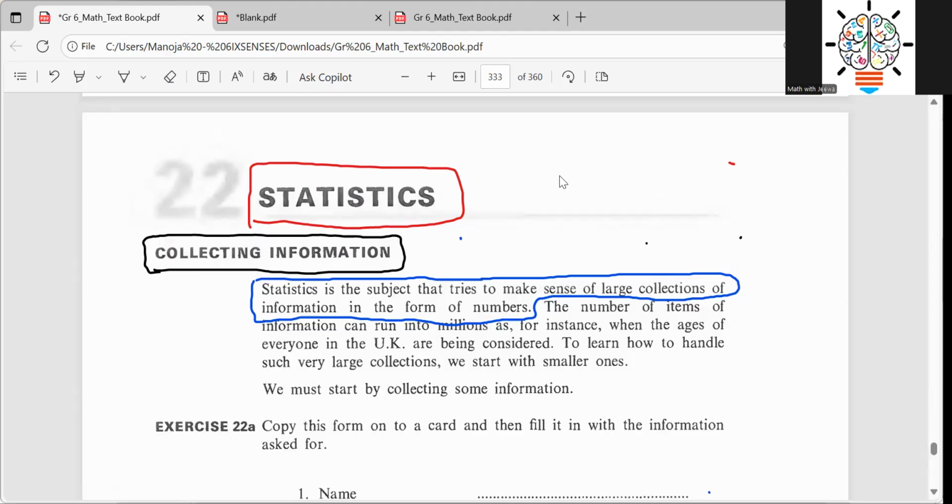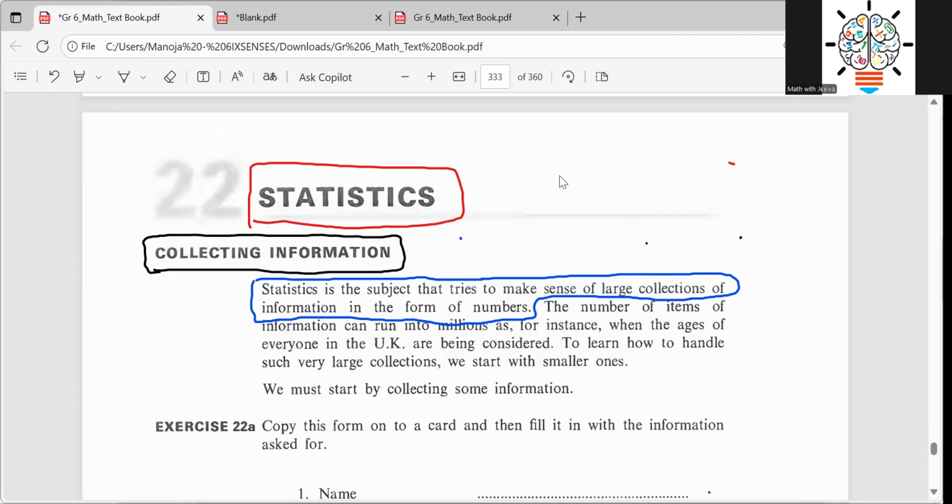And I would say the statistics topic is a very popular and demanding topic nowadays, especially after COVID. We are in a data-driven society where we want data analysis or data analytics in our day-to-day lives.